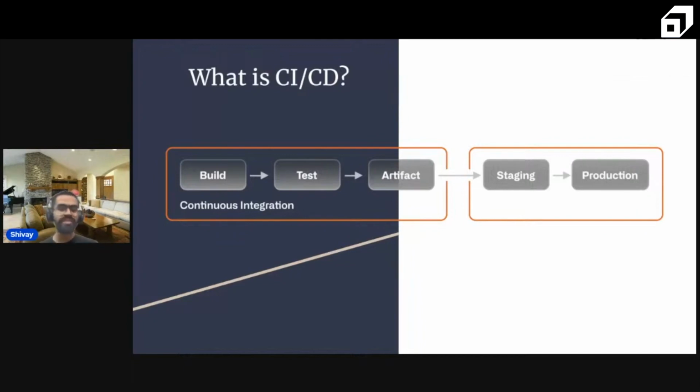Now once you have tested your code and you're satisfied that it is working perfectly inside of your development environment, then you'll move it to staging, where it will go through another round of testing. And once it's fine, then it'll go into production. And when it goes into production, that's when your software is actually out to be used by any regular users, right? So that's the entire aspect of CI/CD.